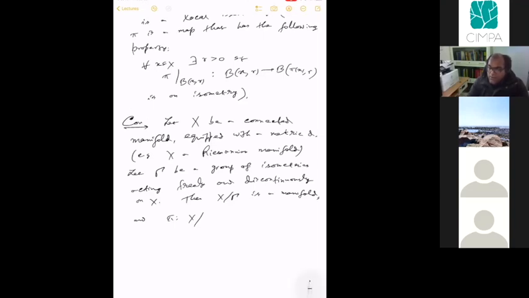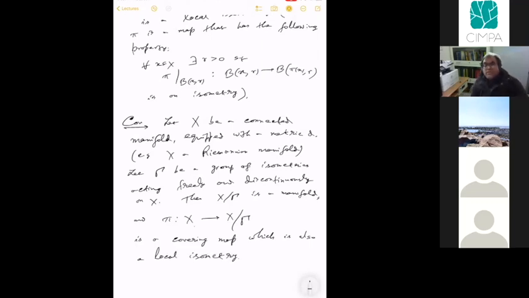the projection pi from X to X mod gamma is a covering map which is also a local isometry.